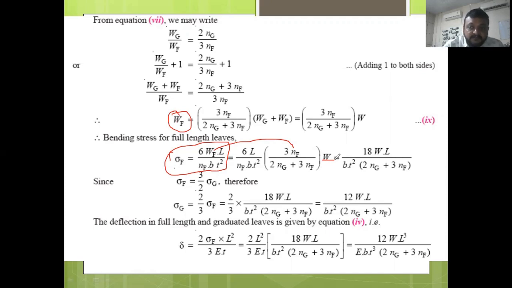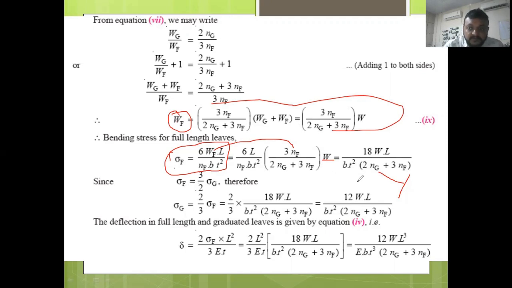That is why we converted this equation in the beginning. Simplifying will give sigma F is equal to 18 WL divided by B T square into 2NG plus 3NF, where N is the number of graduated and full length leaves, and sigma F is equal to 3 by 2 sigma G.